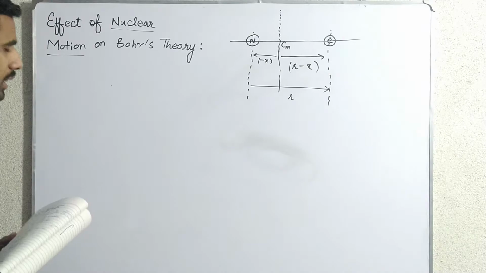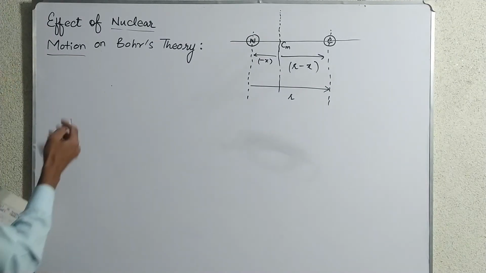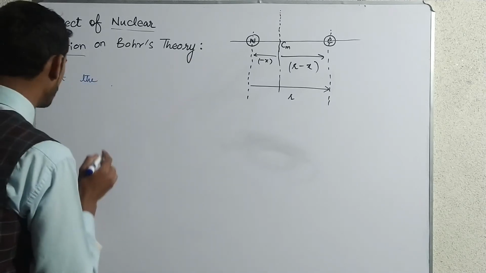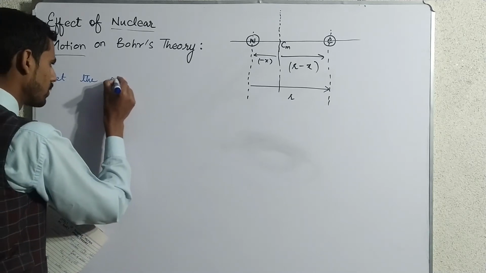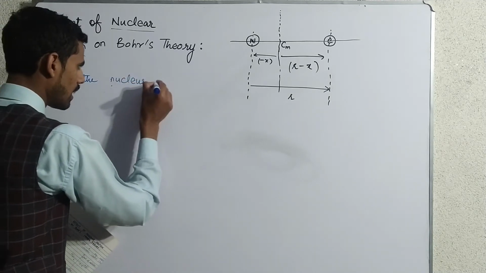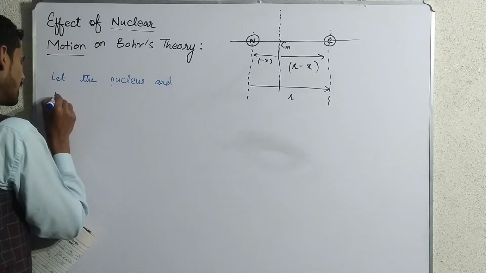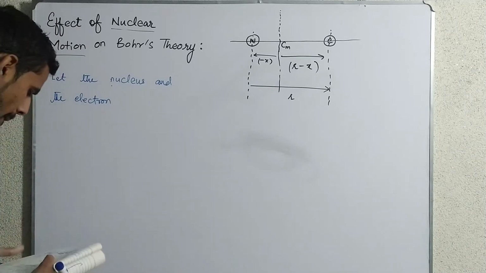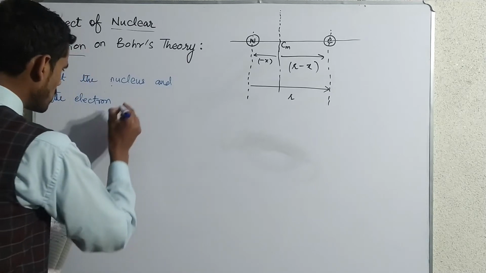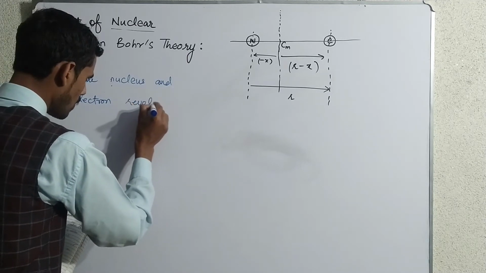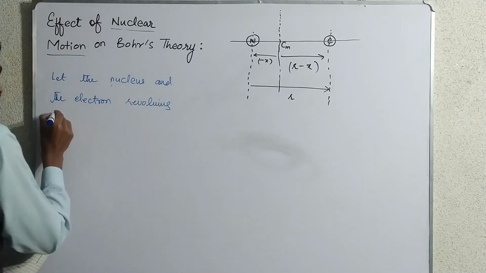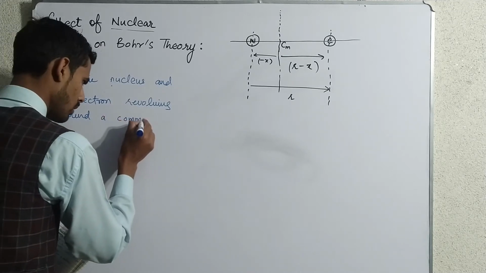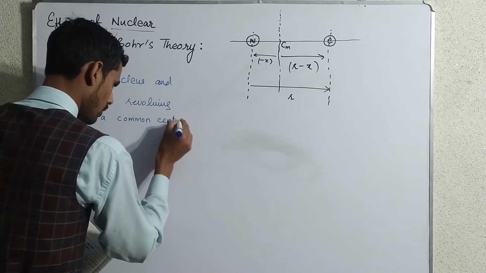So in the theory we are going to write that, from this diagram, let the nucleus and the electron revolve around a common center.